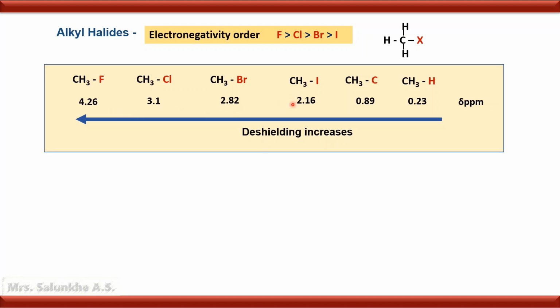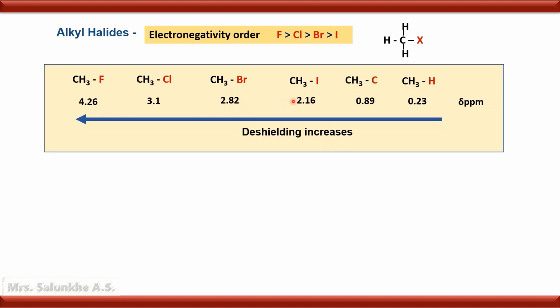In case of methyl iodide, its chemical shift value is 2.16. In case of methyl bromide, its chemical shift value is 2.82. In case of methyl chloride, the chemical shift value is 3.1, and in case of methyl fluoride, the chemical shift value is 4.26.